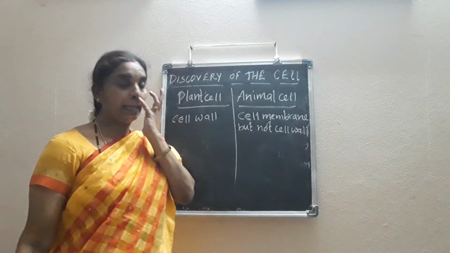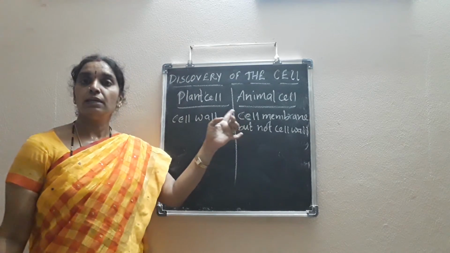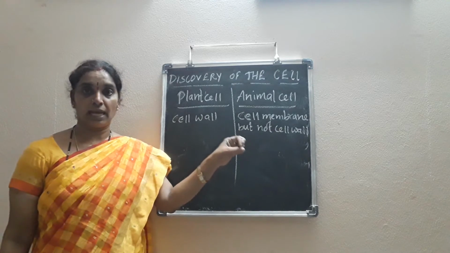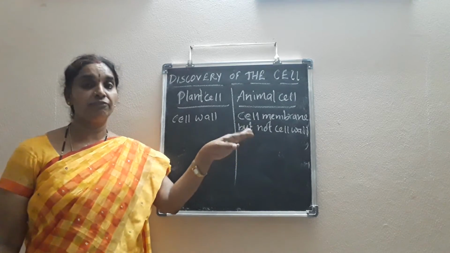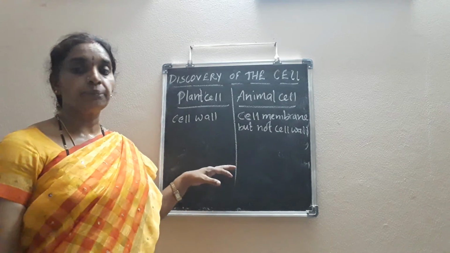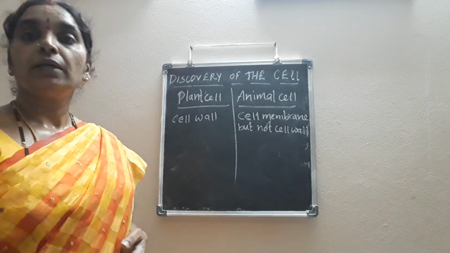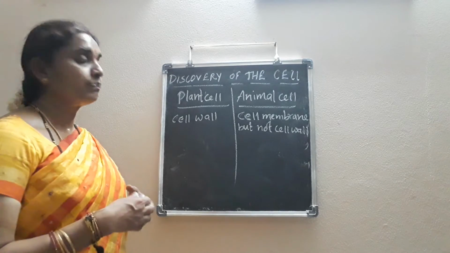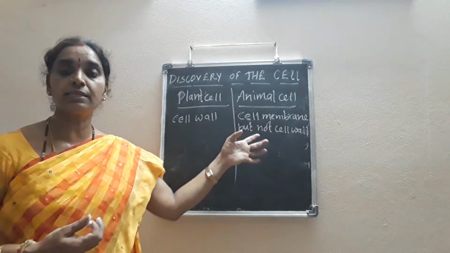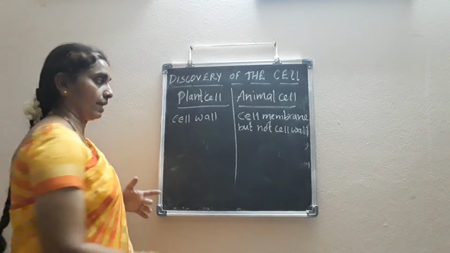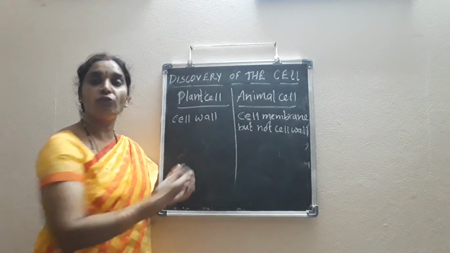Why? Different cells are present in animals to perform different activities, and the different cells have different shapes. All the cells in the animal have cell membranes, and they are flexible, that is, they are capable of movement.